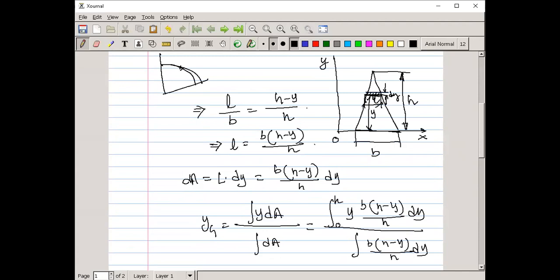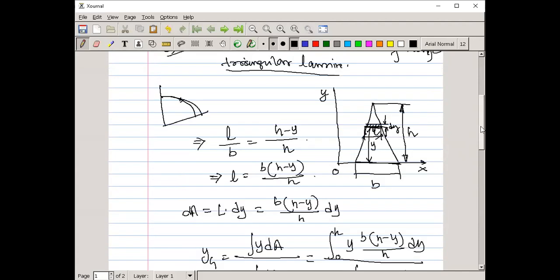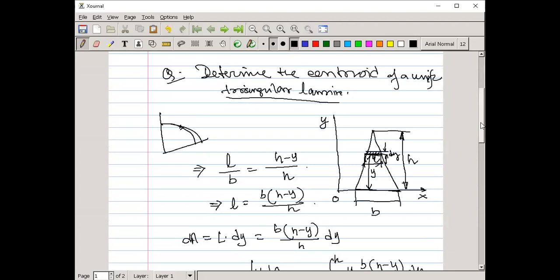Yes, sir. Okay. See, suppose in the question it is written: determine the centroid of any uniform triangular lamina. So first you have to understand, if it is said in the question triangular lamina, it means this is a triangular area.